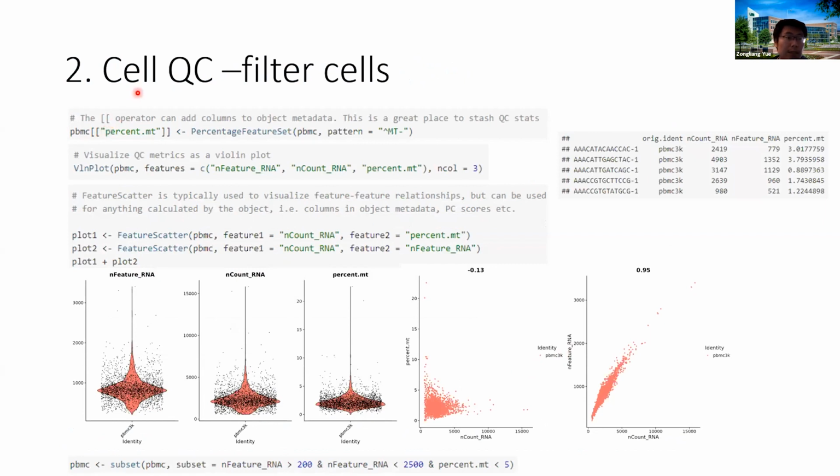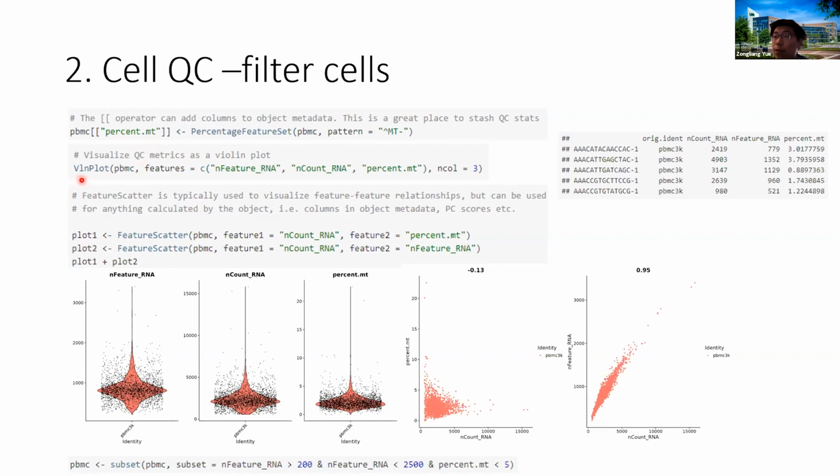Second, you will do cell quality control, that is, filter cells based on criteria. Basically, there are 3 criteria. First is to detect mitochondrial gene expression using the PercentageFeatureSet function. After that, you send it back to the original PBMC object and give it a column called percent.mt.